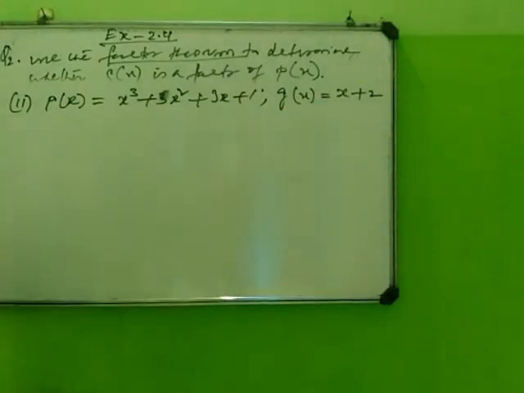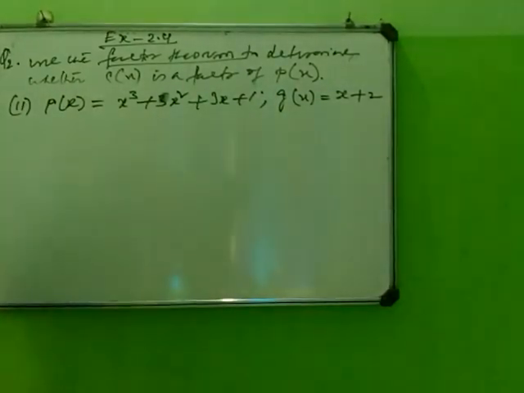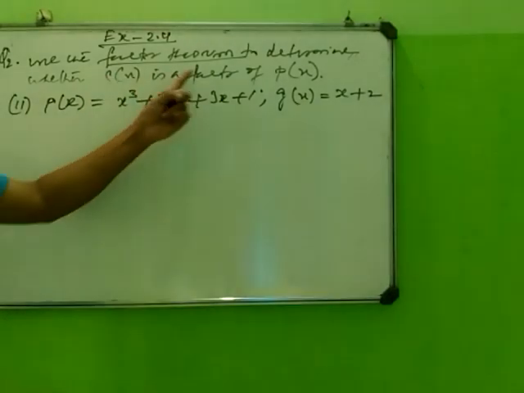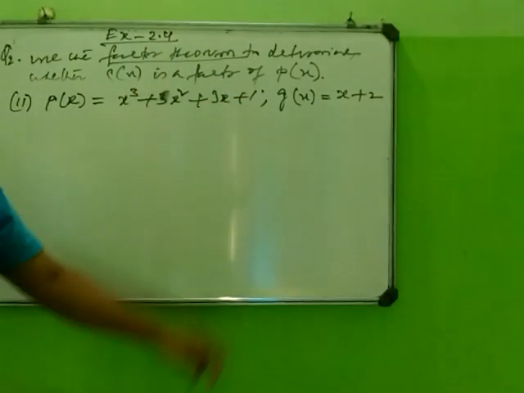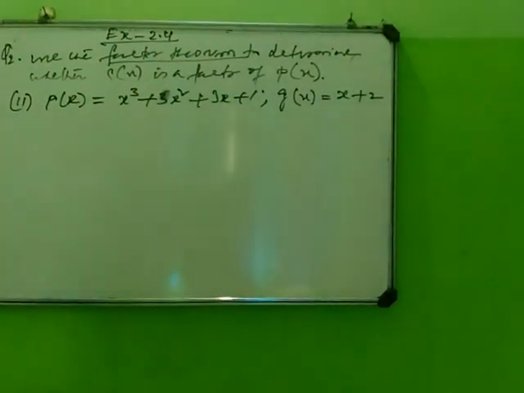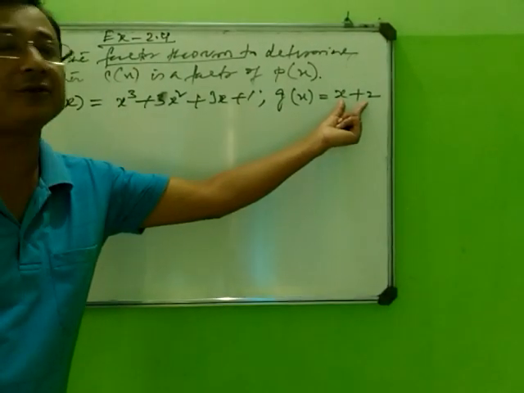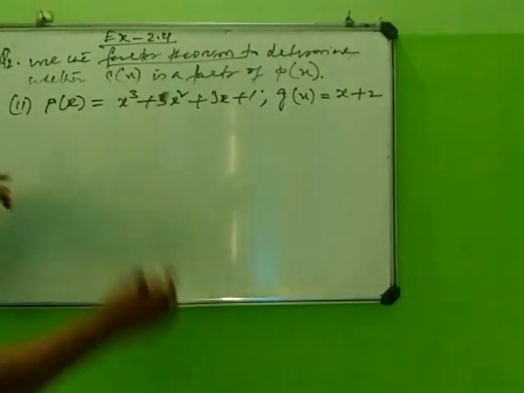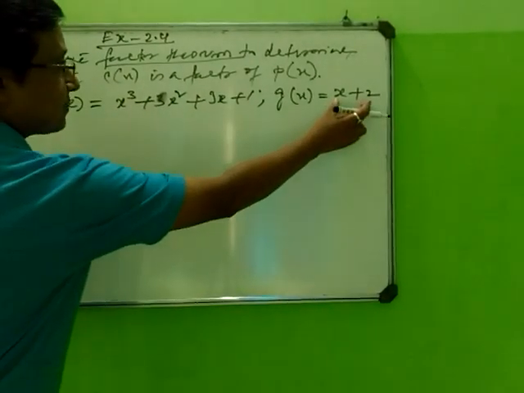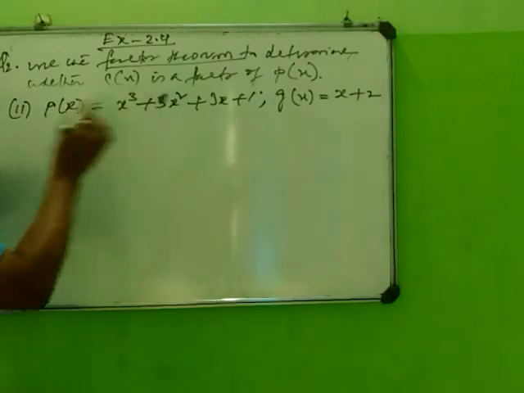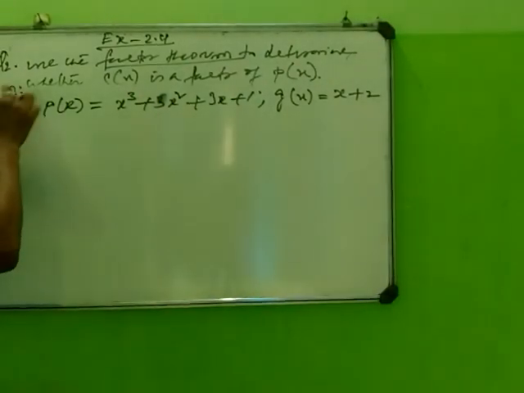Now the same question: you are to test whether g of x is a factor of p of x using the factor theorem. So the same case, this is the dividend, this is the divisor. So you make the divisor equal to 0. Here the divisor is x plus 2, this is the dividend. So let's take the solution.